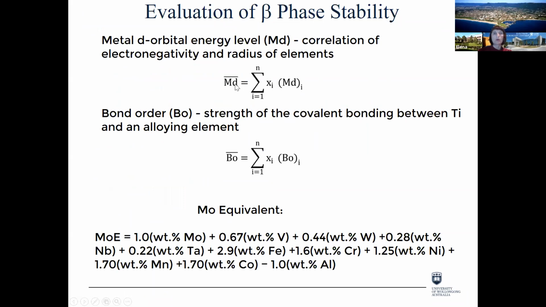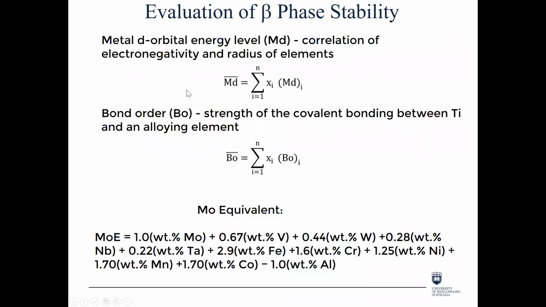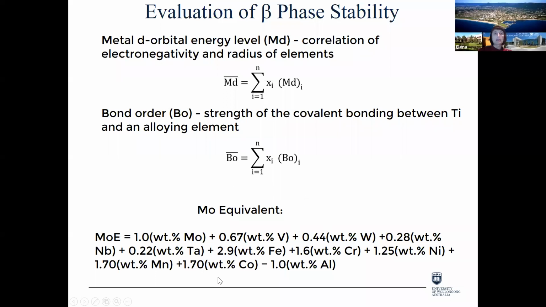So this is one approach to design such materials and predict their mechanical behavior. Another approach that some use is molybdenum equivalent calculations, in which the contribution to the stability comes from all beta stabilizing elements, with subtraction of the alpha stabilizing elements, for which aluminum is the main one.